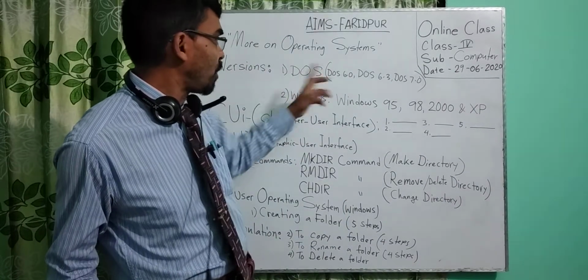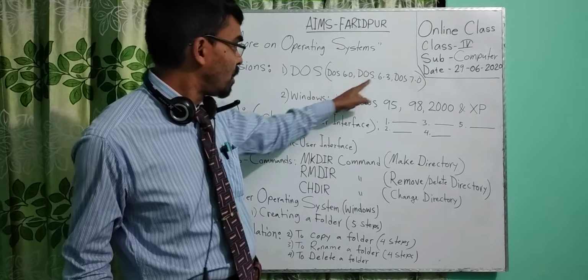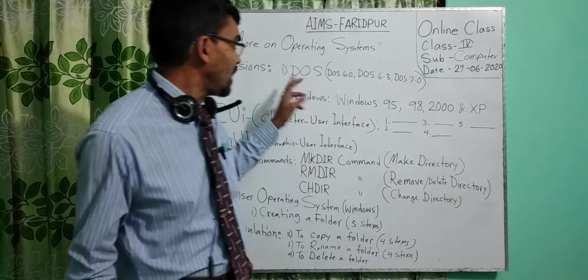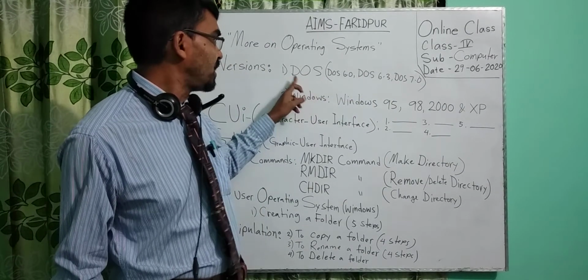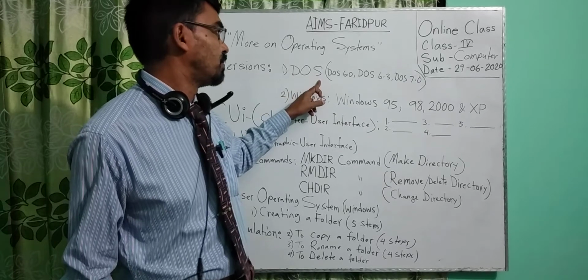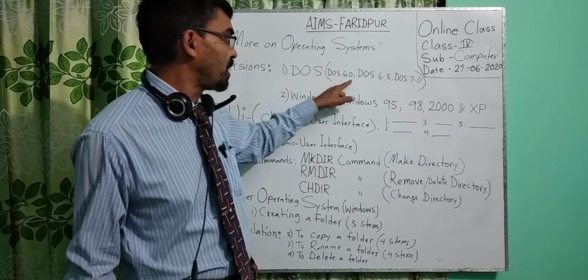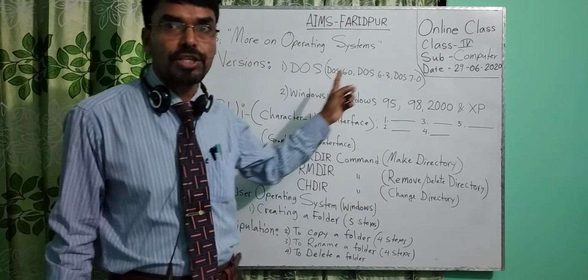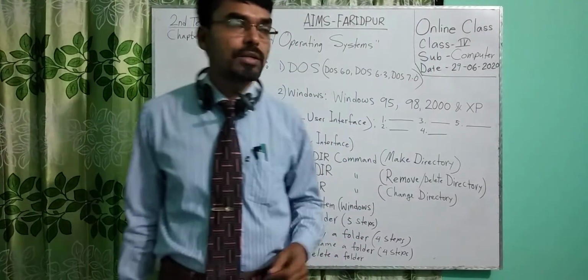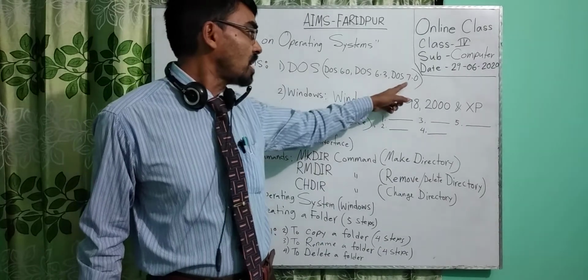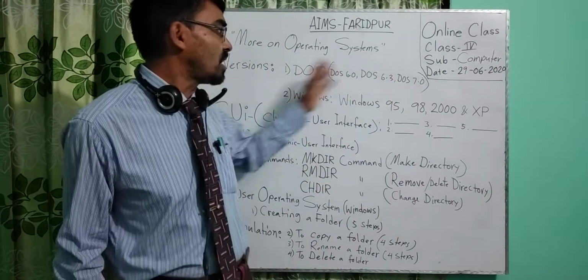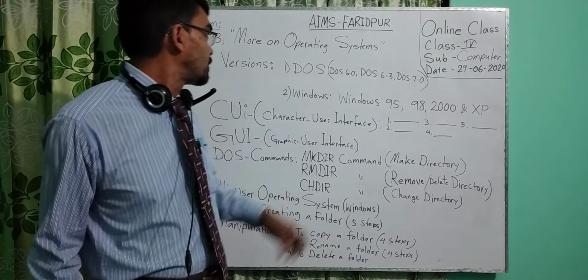Versions are usually formed with numbers or letters, like DOS, disk operating system: DOS 6.0, DOS 6.3, DOS 7.0. These are under DOS versions.